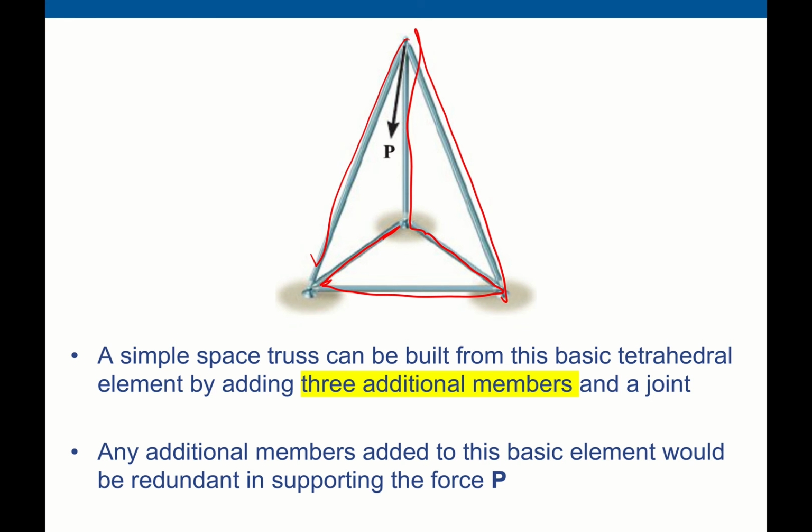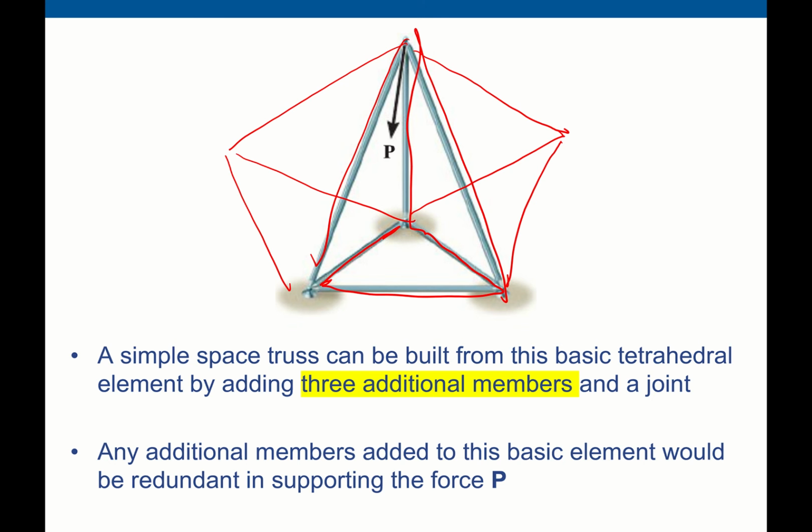If we want to extend this truss, then we can add another 3 members. Also, we can add another 3 members here. So we can add 3 members, and we can continue to expand this simple truss.